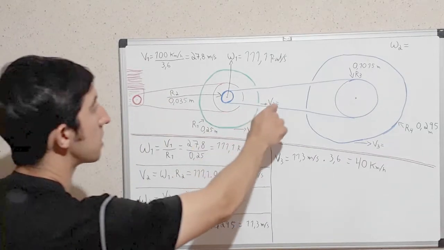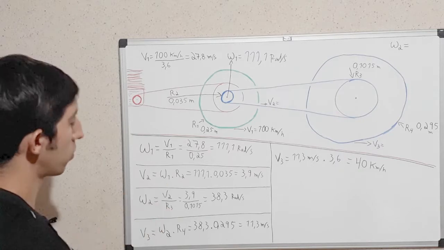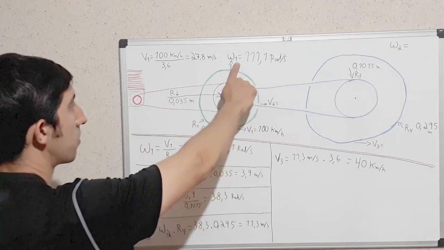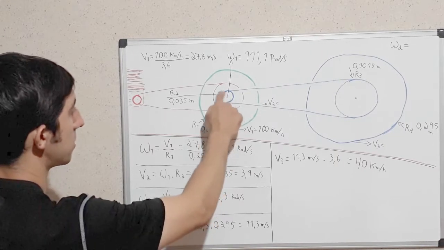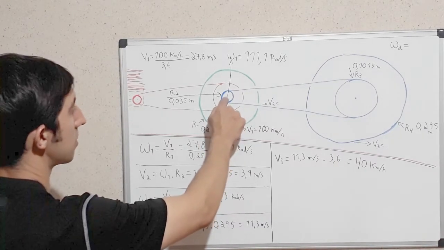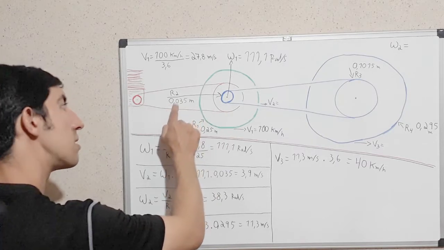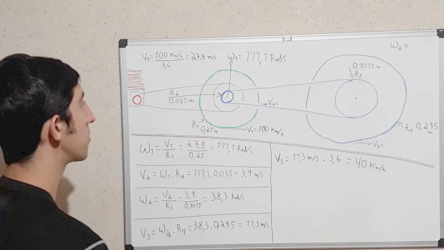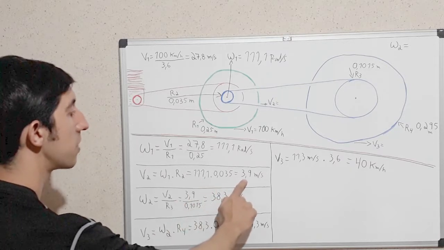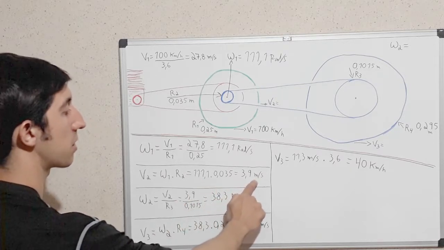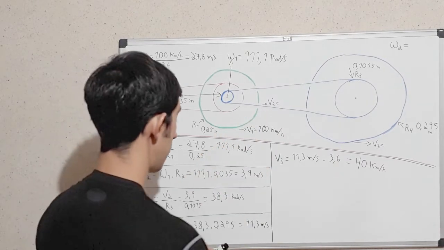So to calculate V2, we take omega 1 times R2, which is the radius of this smaller sprocket. R2 is 0.035 meters. So if we calculate that, we have 3.9 meters per second. Okay, this is V2.